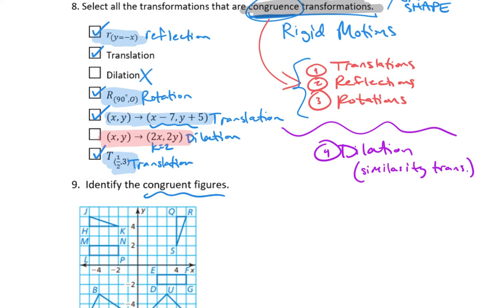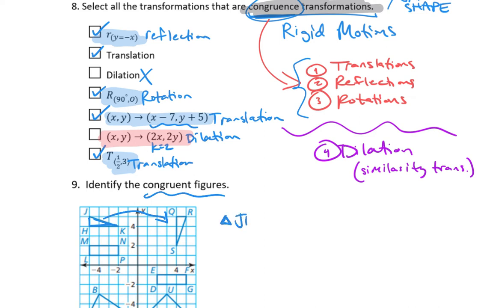All right, the next one says identify the congruent figures. So I'm going to start with JHK, and I see that it was rotated to form QRS. Now, when I say this, I got to be specific on who matches what.